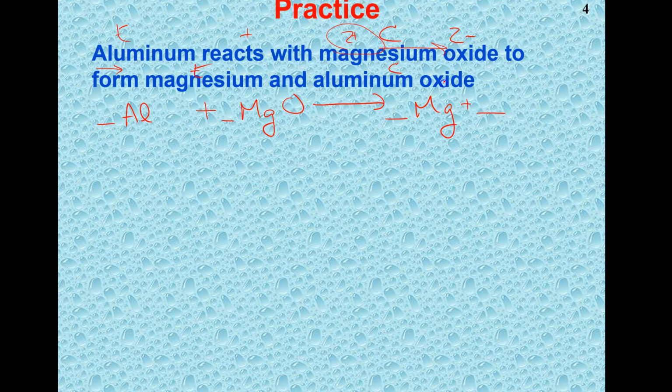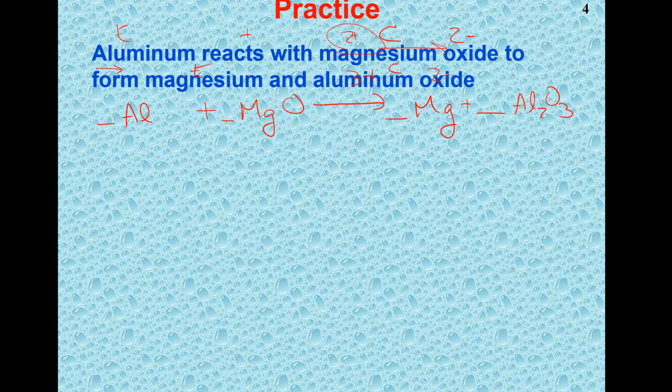Plus aluminum oxide is a compound. That's where I'm going to use my positive 3 and negative 2 and drop and swap, Al2O3. So as an element, aluminum is just Al. As an element, magnesium is just Mg. When you put them with something else, that's when they transfer electrons and get those charges.